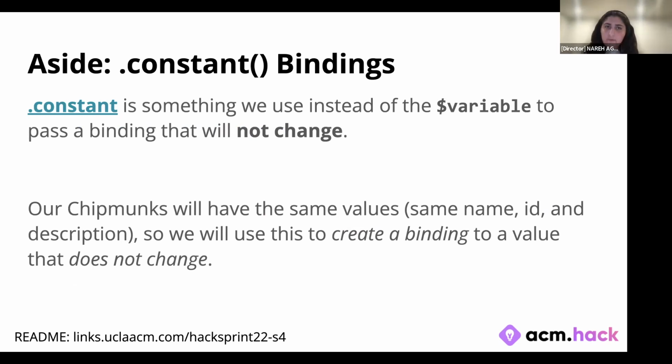So what we're going to be using here is dot constant, and this dot constant binding is something that we can use instead of the $ variable that we used last session to pass a binding that will not change. So the properties of it will not change. Our chipmunks will have the same values, so the same name, ID, and description that we may give another view, because we define it that way. We want Alvin to have that image and that description. So we will use this to create a binding to a value that does not change. And we'll see how that comes into play.